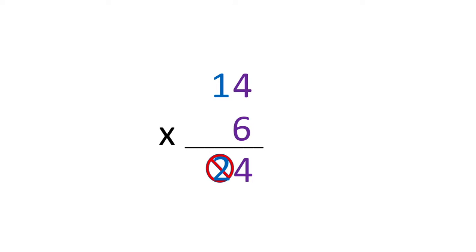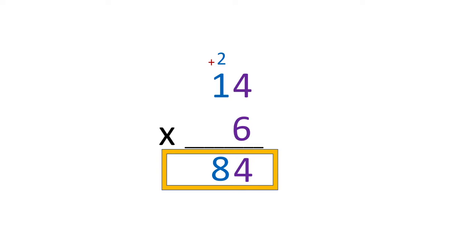We've got to put our 2 on the top of this 1. We know we're going to add, but what do we do first? 6 times 1 equals 6. Yep, first we do 6 times 1 is 6, plus 2 is 8. And you are right, friends, that gives us 84 as our whole answer.